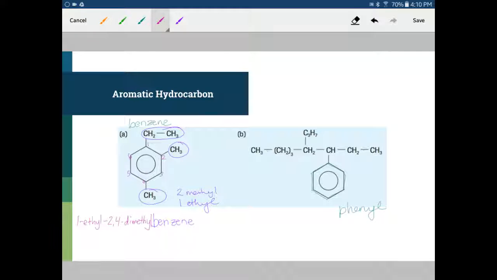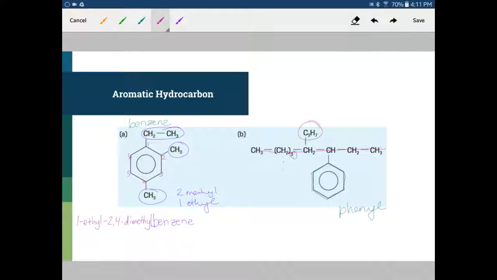Now, in this case, we have 3 carbon groups here, and I have 1, 2, 3, 4, 5, 6, 7, 8 as our chain coming off of it. Notice that this has to be our parent chain because it has a branch off of it. So this parent chain has this branch here as well as this phenyl branch below.